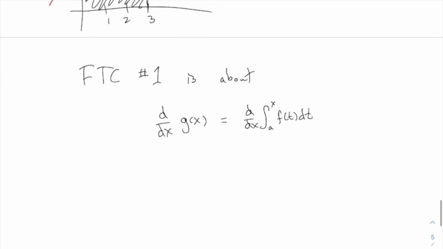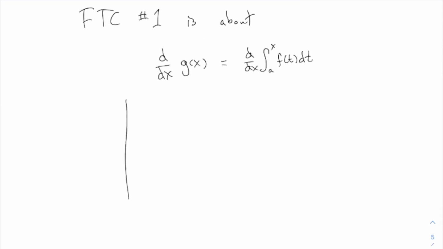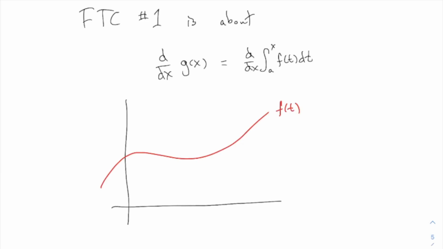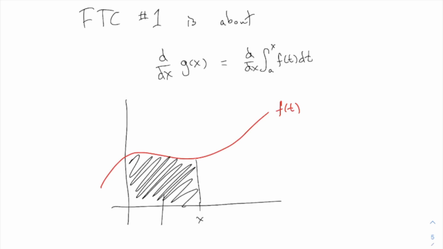So what would this mean? I'm trying to think about this in ordinary language. I'll draw that same picture again. This is f of t, right? And g of x would represent the area up to x, right? G of x is that area. It's the area when you go up to x. And what does g prime of x represent? Well, it's the rate of change of that area.